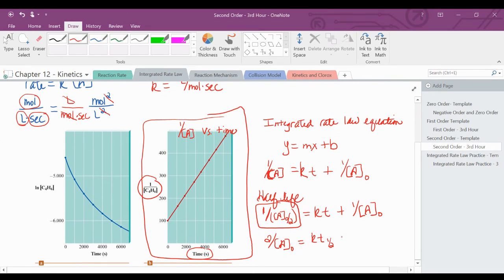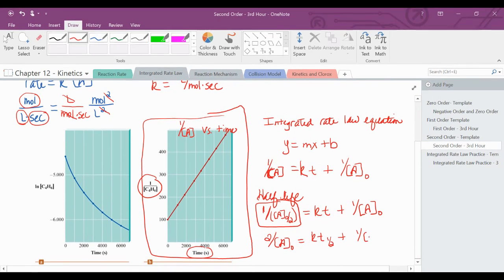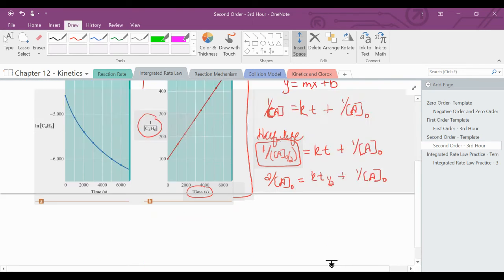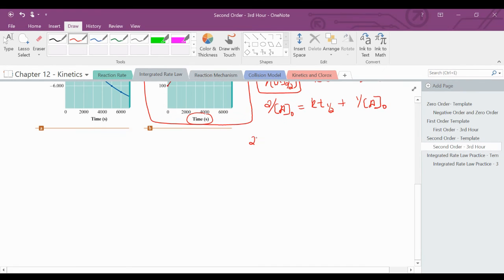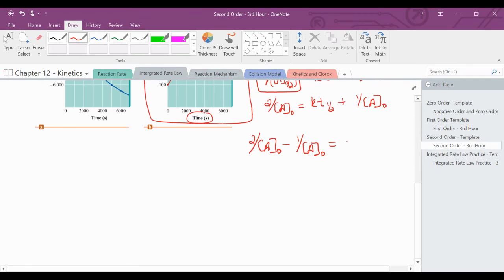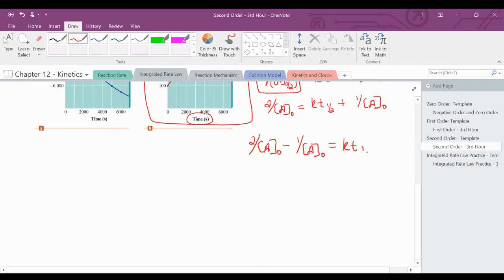And again, t is going to be the half-life time. I'm going to move this 1 over the initial concentration to the other side. So we get 2 over the initial concentration minus 1 over the initial concentration is equal to K t 1/2.